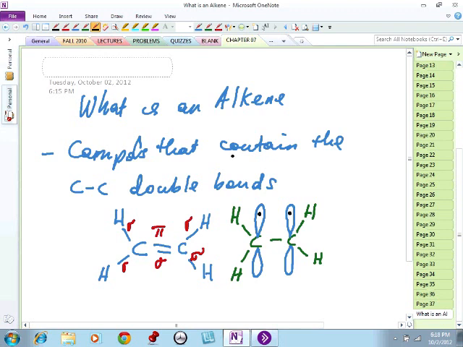So in order to satisfy the tetravalency of the carbon atom, the electrons in the two p orbitals will overlap. That will be an overlap of the p orbitals. So we could represent the overlap as this.